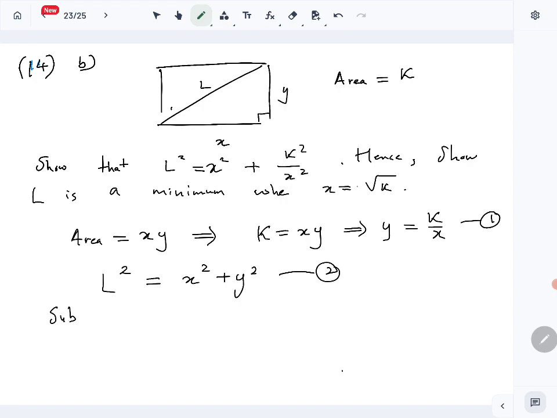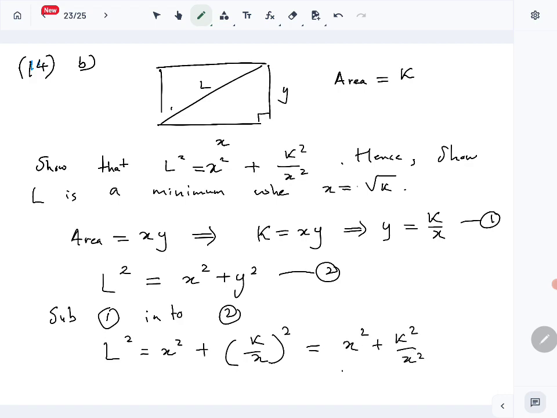Sub 1 into equation 2, and you get what? L squared is equal to x squared plus (k over x) squared, or x squared plus k squared over x squared, which is what we want to show as part 1.